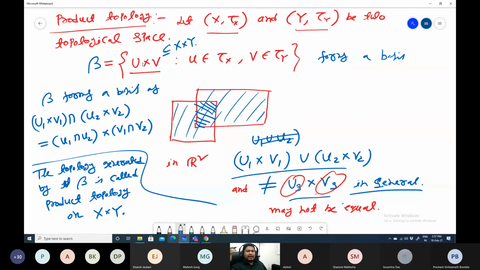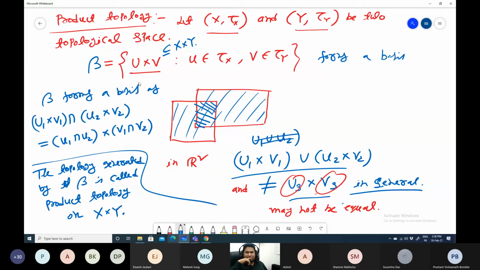Now can you give me another basis which has fewer elements? Because this looks like a huge class, right? We are taking all the open sets of X, all the open sets of Y, and all possible products. So this set is a huge one. Can you give a smaller set which also forms a basis for the product topology?